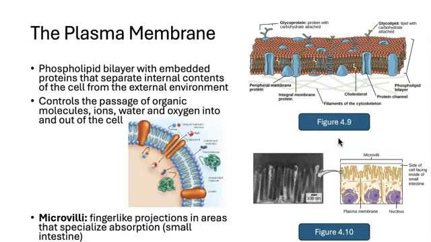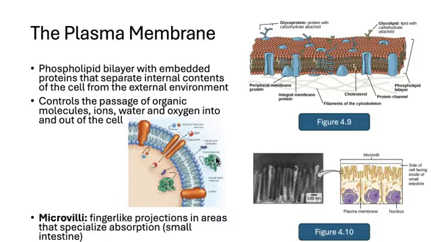So let's first start talking about the plasma membrane. We've mentioned this before, but it serves as the boundary of the cell. So think about that lining that really partitions the cell from its environment, the outer environment, I should say.